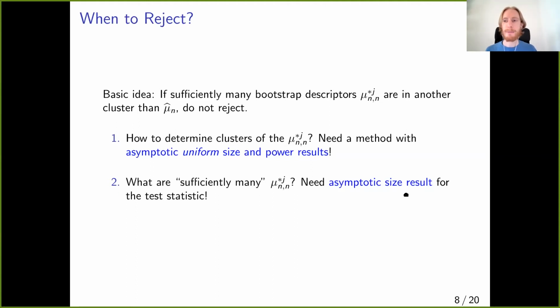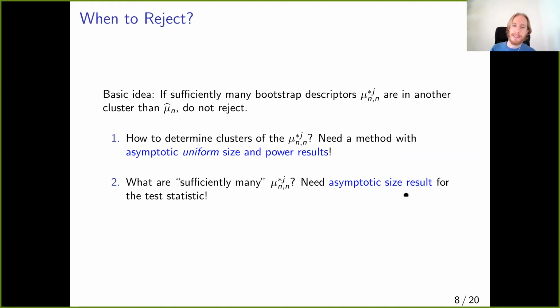There are many cluster methods, and one could say, well, we just take any cluster method. But the problem with cluster methods is that statistical guarantees are very rare. Even with k-means, you don't necessarily get very good statistical guarantees, and especially if you don't know in advance how many clusters there are, you might get into a lot of trouble.